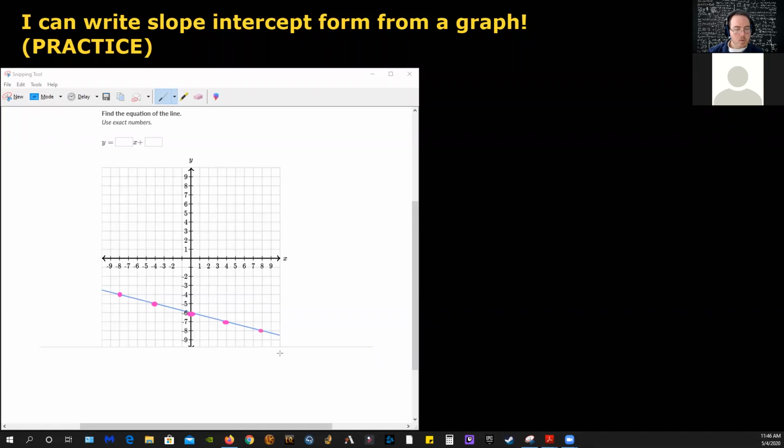Okay, there's that. First thing I notice is that right here is our y-intercept. And that's at 0, -6.